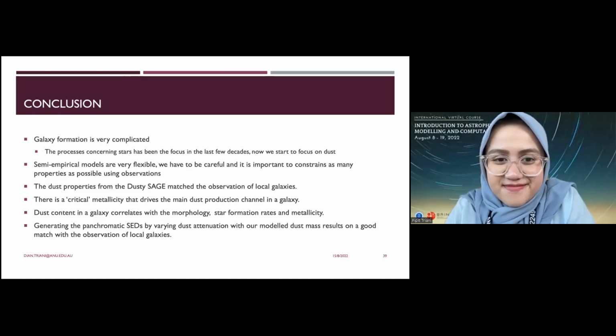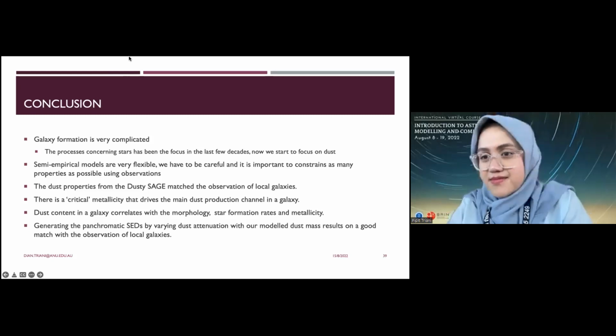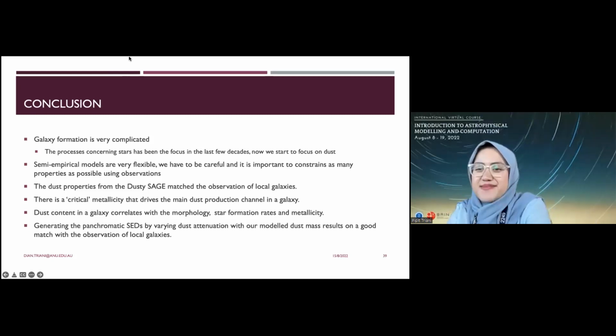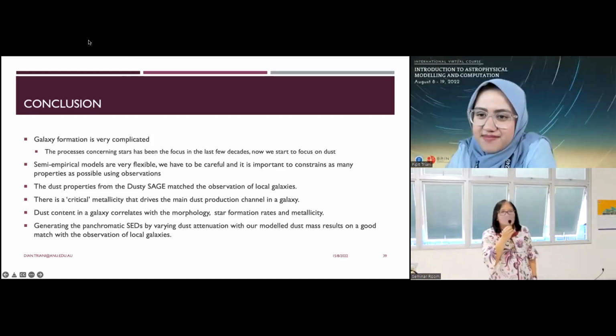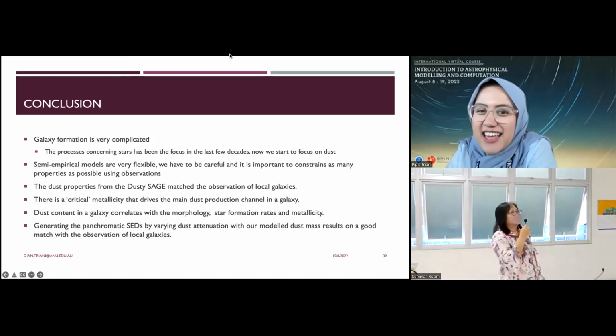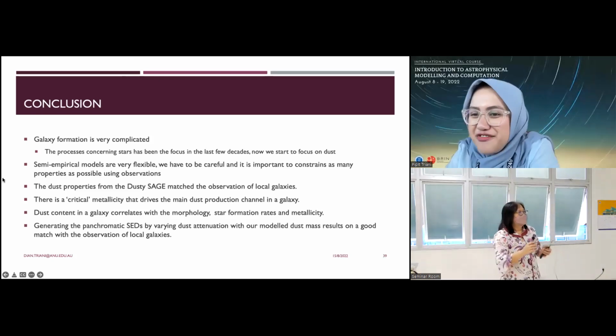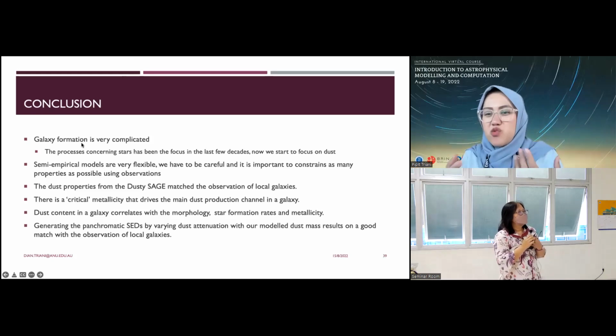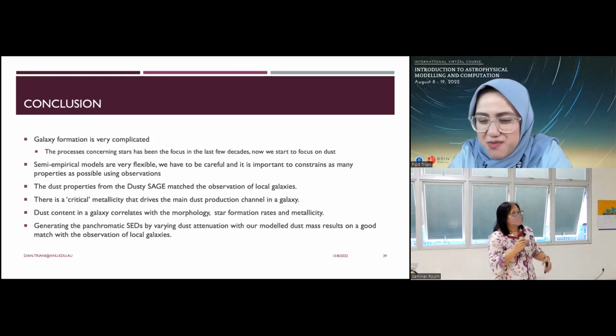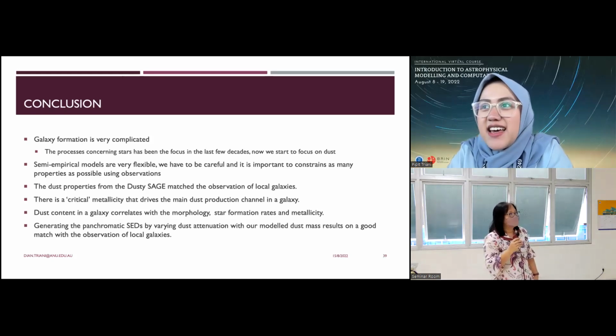Any other question? If not, I have one, I think. Do you plan to incorporate any magnetic field into your model? Oh, magnetic field is an even more complicated process in galaxies.